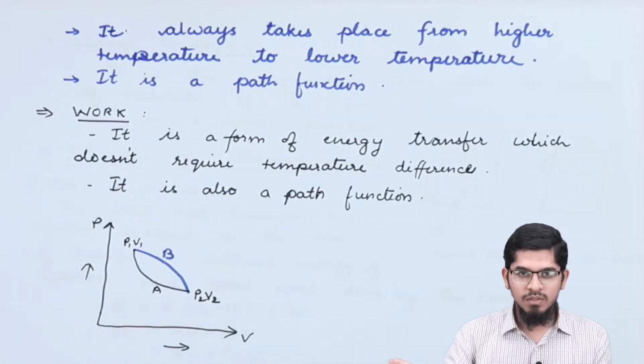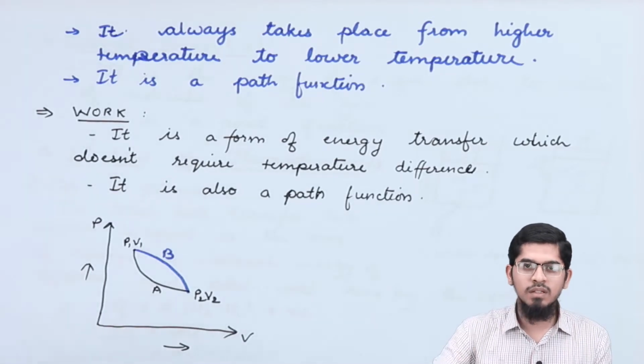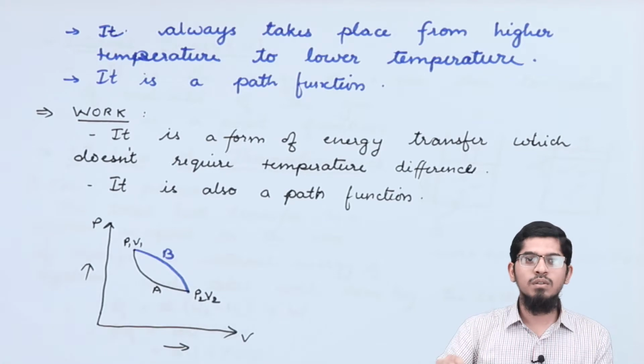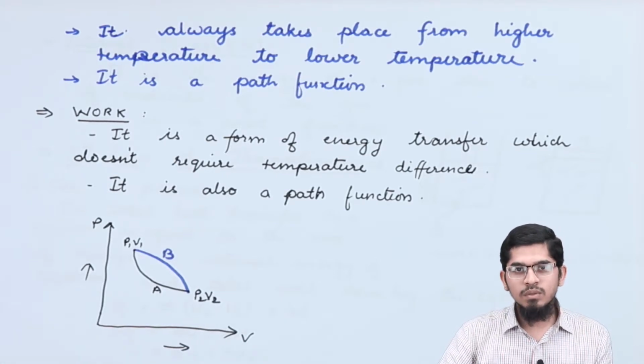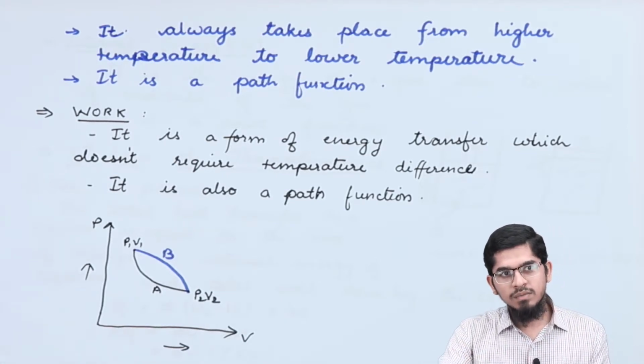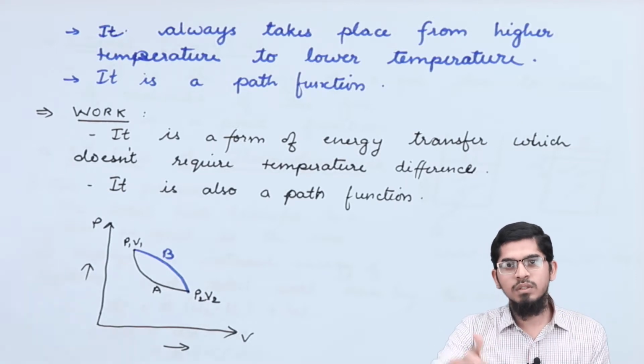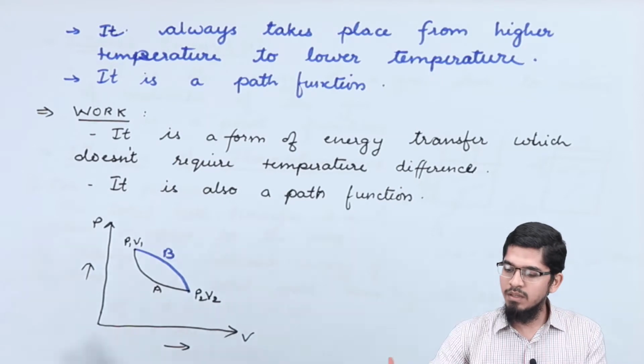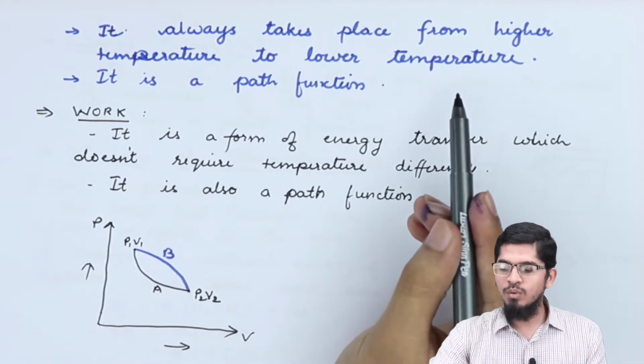You all must have observed also. If you keep a teacup over here, then what will happen? It will get cold. Why does it get cold? Because heat gets transferred from the hot cup to the cold surroundings. So heat transfer always takes place from higher temperature to lower temperature.